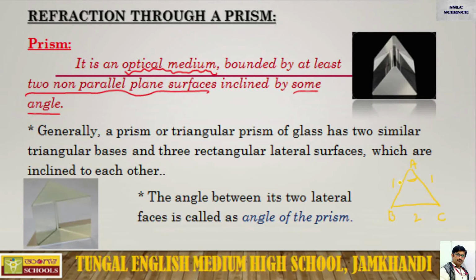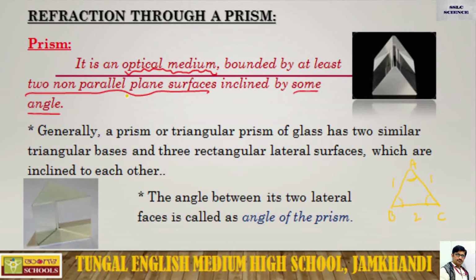This is the definition of prism. You can apply it here also: AB and BC as two non-parallel sides, the angle will be like this. If you are taking BC and CA, the angle should be like this. I hope you got this definition clear.